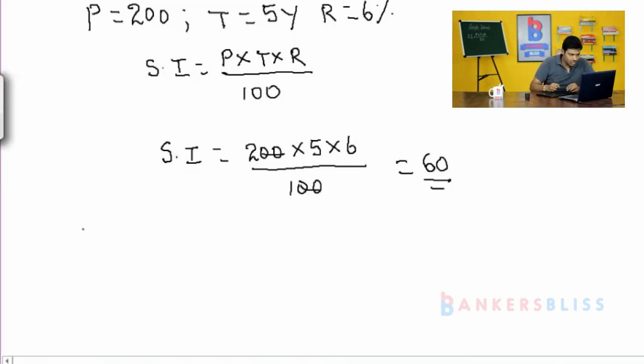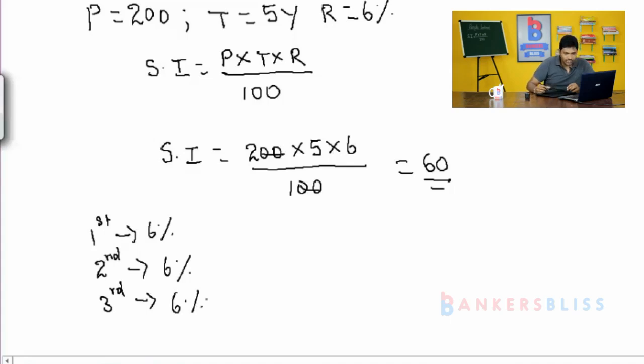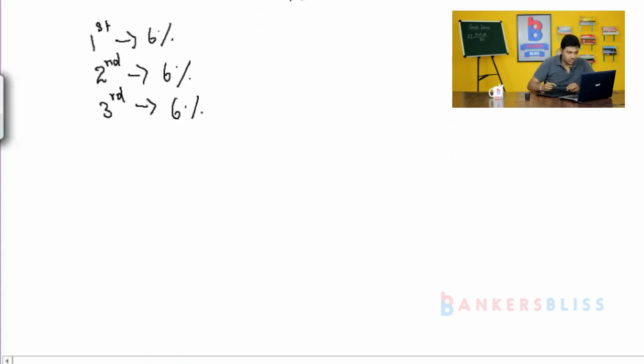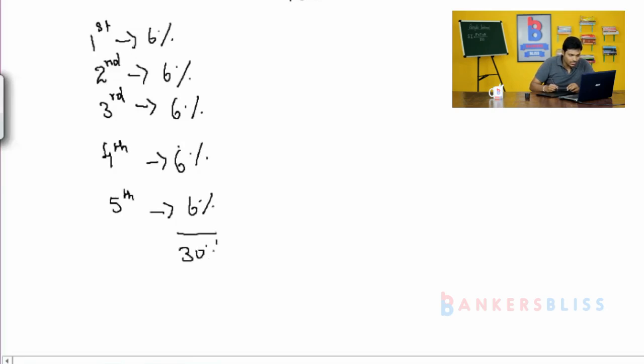So, the first year 6%, next in the second year 6%, in the third year 6%, the fourth 6%, and for the fifth you have to calculate the 6%. So, altogether you are getting 30%.